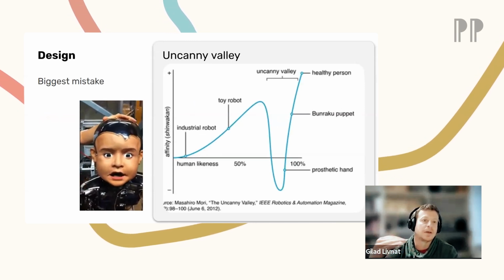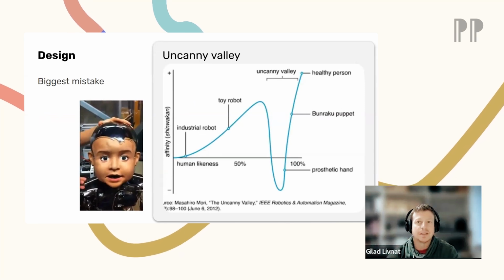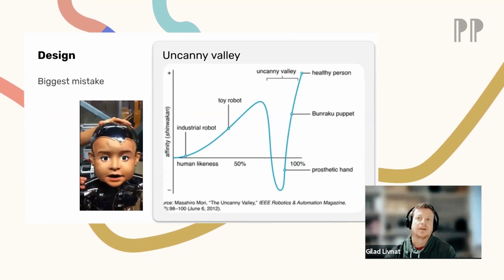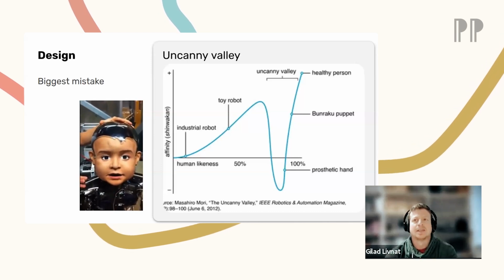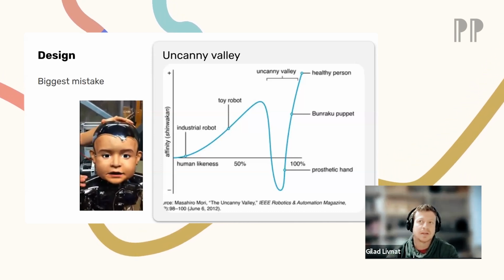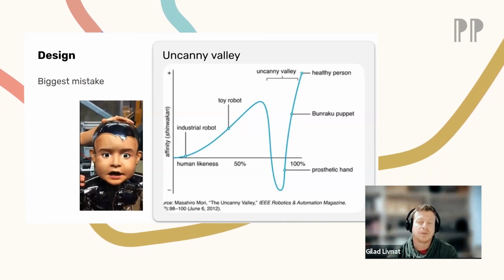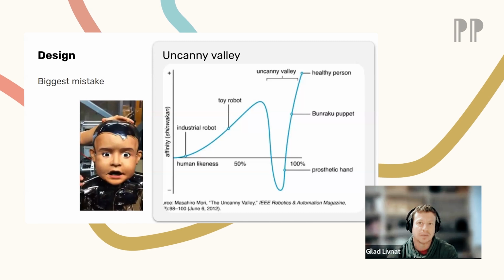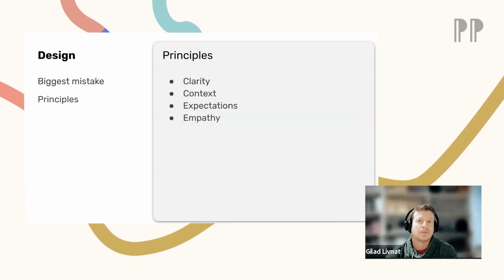You're trying to mimic people, and basically you're reaching that moment where your user is like, "Oh, what was that?" When you design the user experience, you really need to understand if you're reaching that area.